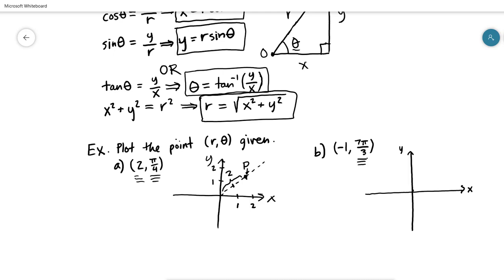So we're in this direction, where we've gone all the way around and then some to get to our 7 pi over 3. Similarly here, I should come back and mark this one. This angle was our pi over 4. So we've gone 7 pi over 3, and now we need to figure out how far to go.